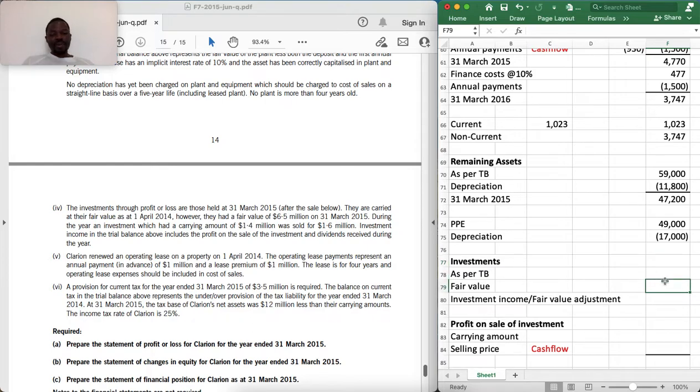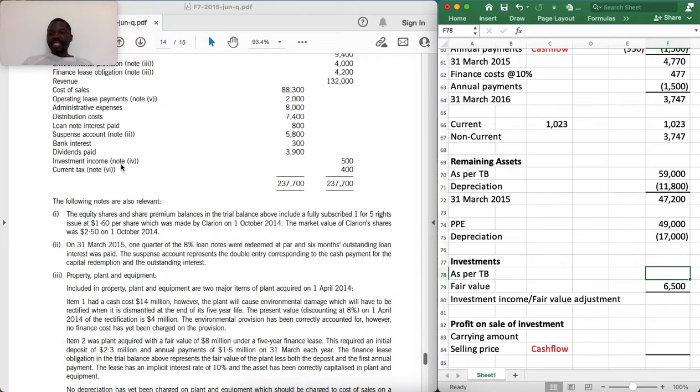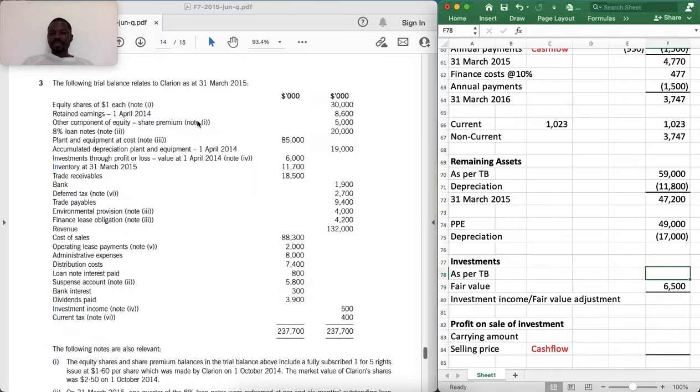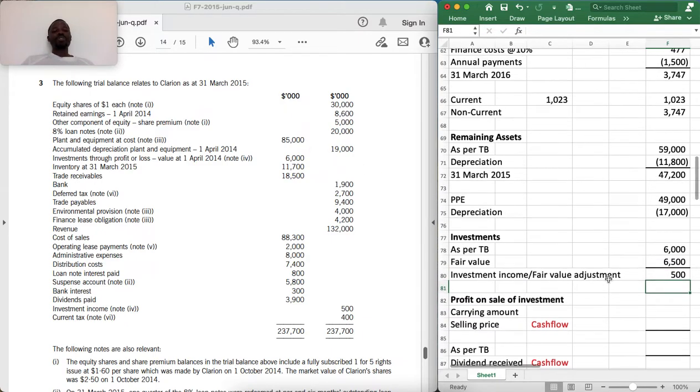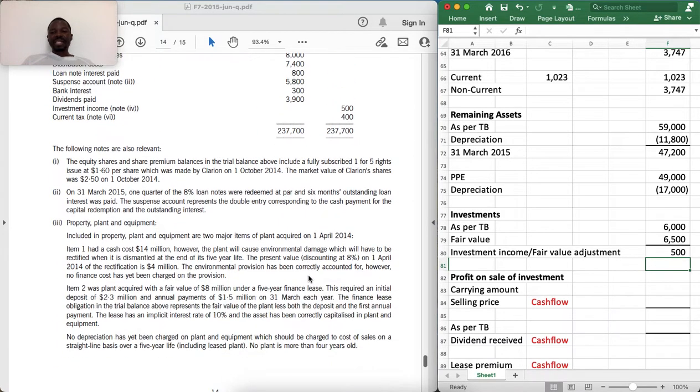So the fair value of these assets is 6,500, but they are carried here at 6,000. The 6,000 is the fair value at the beginning of the year. So we have got here the fair value adjustment or the increase in the fair value of 500, which we put under investment income. Let's continue with the note.